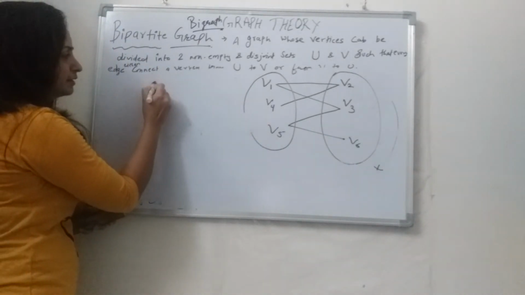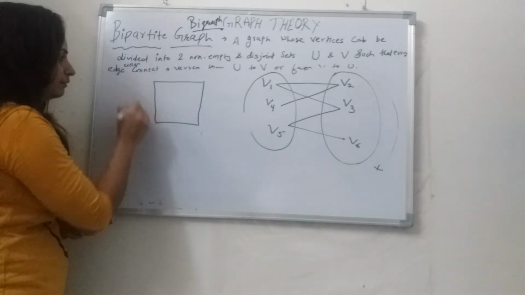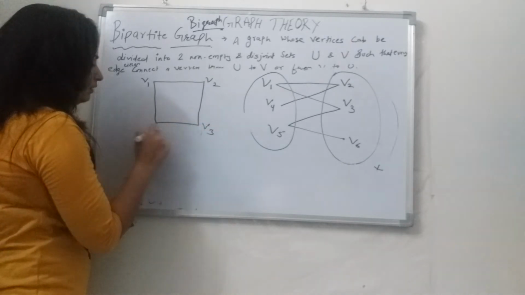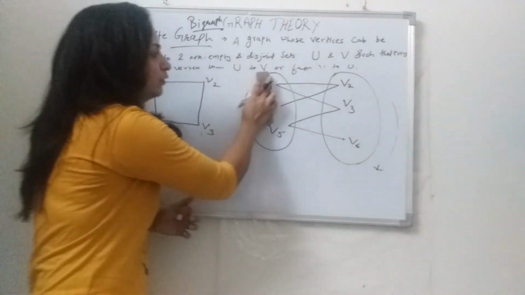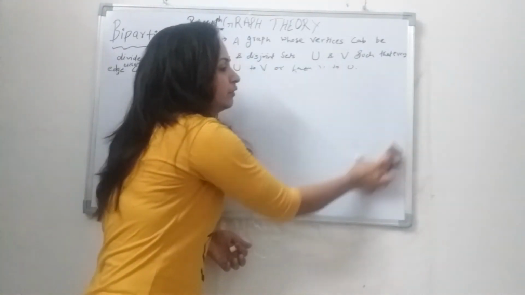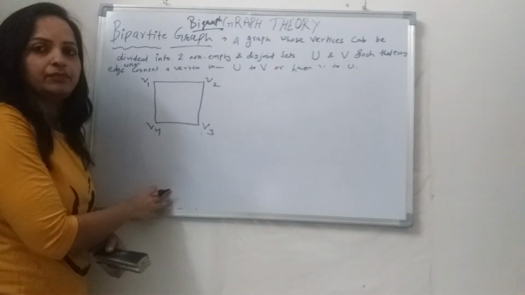So I am making a simple graph with 4 vertices, V1, V2, V3 and V4. This is a simple cyclic graph with 4 vertices. I am just drawing a simple square or rectangle with 4 vertices. Let's see whether it is a bipartite graph or not.